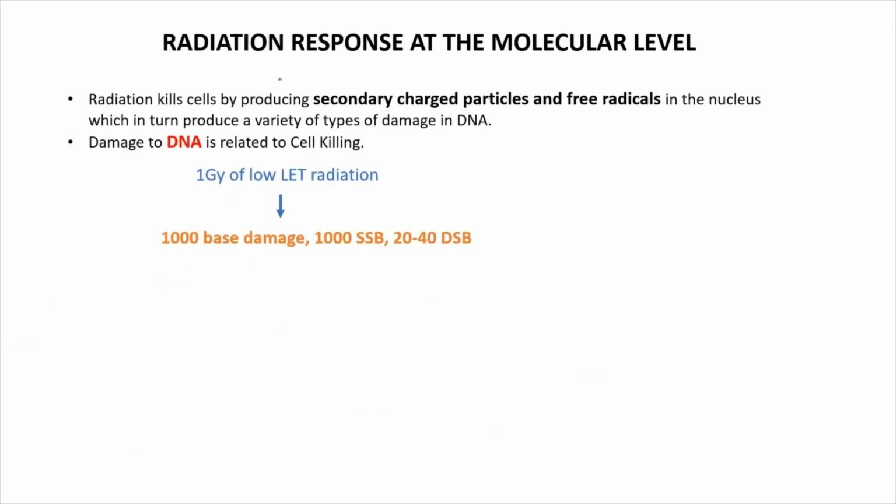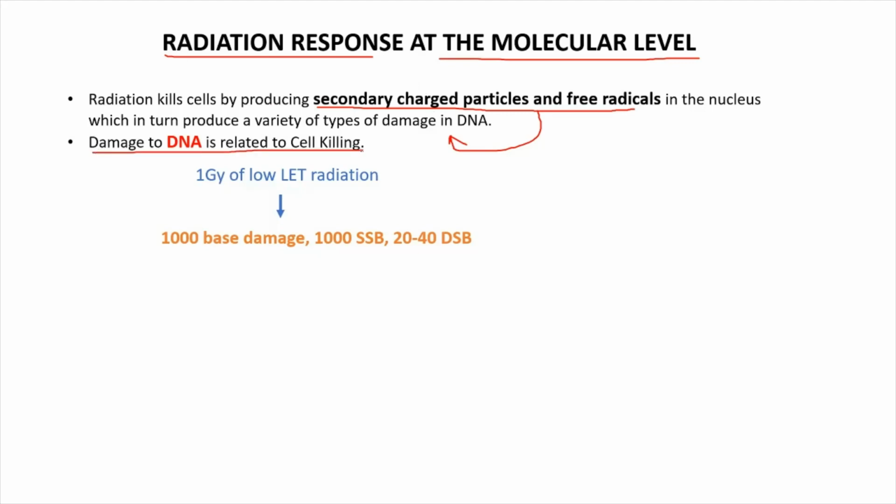Now the next question is how radiation acts at the molecular level. Radiation basically kills cells by producing secondary charged particles and free radicals, and these secondary charged particles and free radicals in turn damage the DNA, and damage to the DNA is related to cell killing.